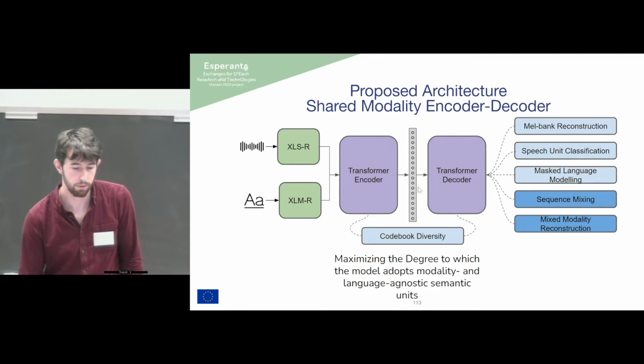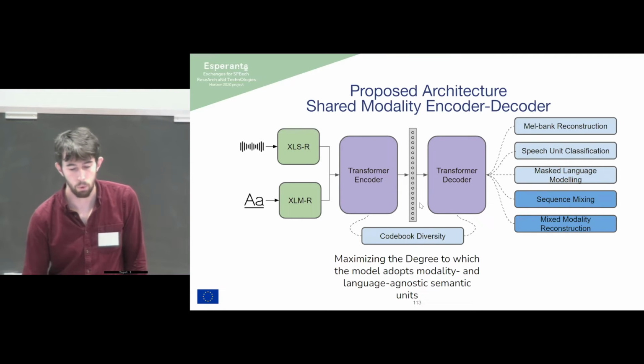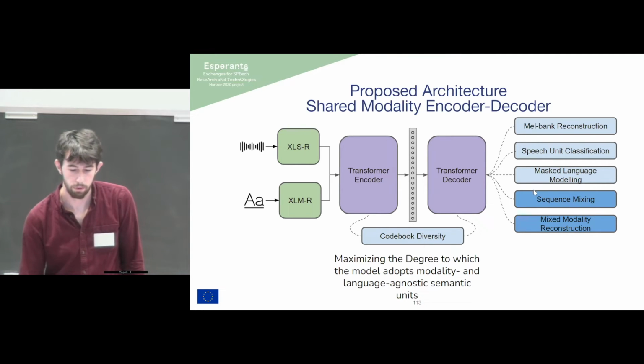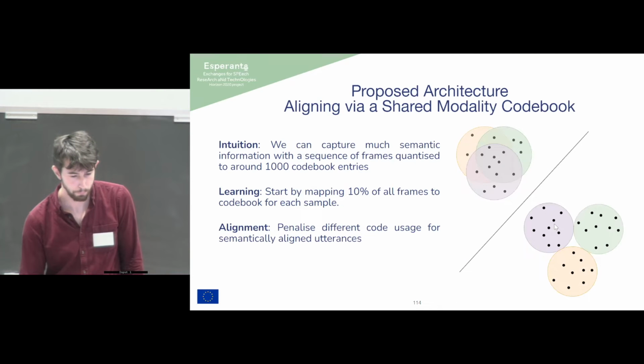So we have this bottleneck layer that we're projecting our hidden frames into, and we're forcing our model to use it, and to use it in a diverse way. Then we have some additional objectives. We introduce sequence mixing and mixed modality reconstruction with aligned data to make sure that our model is learning semantically aligned representations.